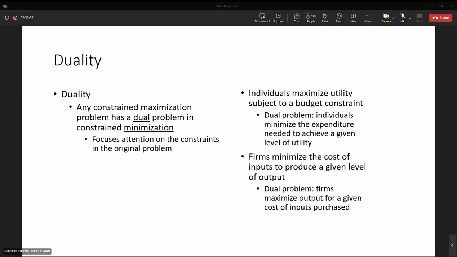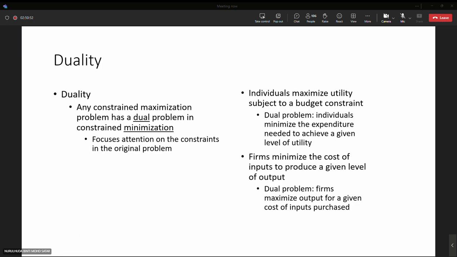In solving a constrained optimization, if you're looking at a maximization problem, there is always going to be a dual problem, something that is going to be minimized.